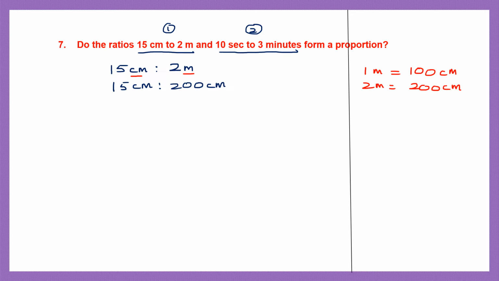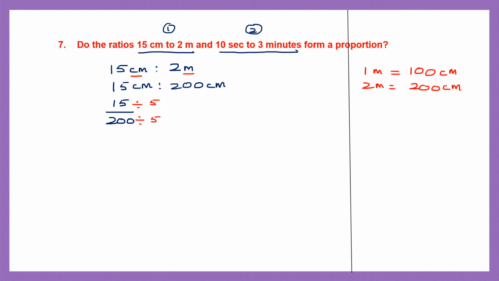So 15 centimeter is to 200 centimeter. I'm going to write it as a fraction, 15 by 200, and remove the unit. Now let me reduce 15 by 200 to the lowest term. I'm going to divide both by 5, using a common factor.